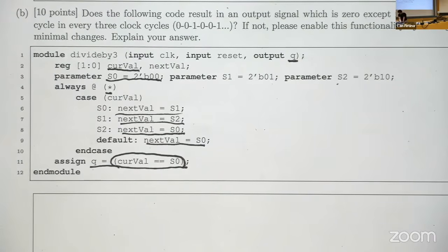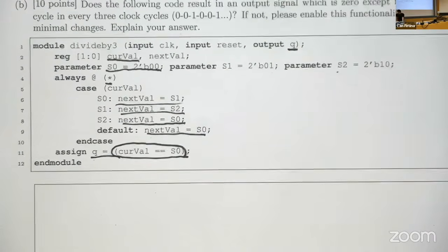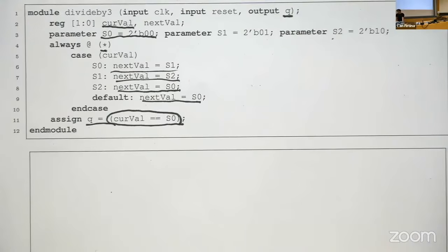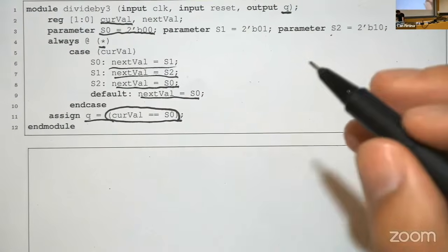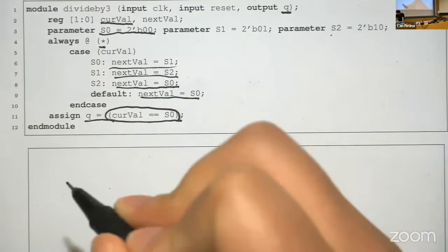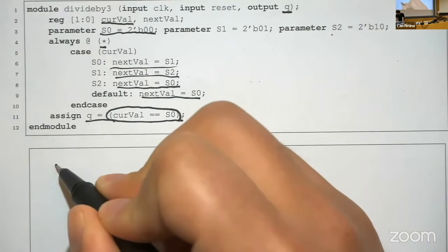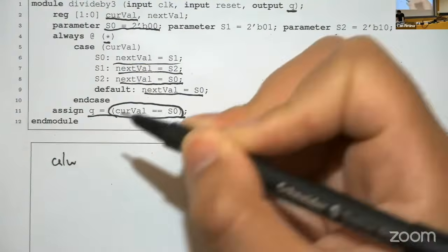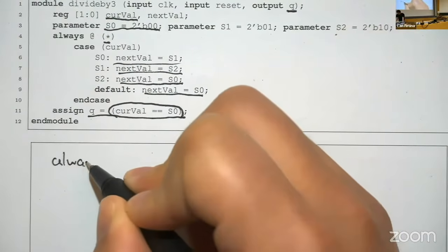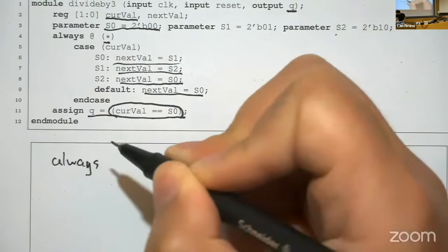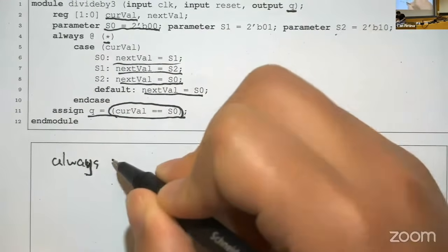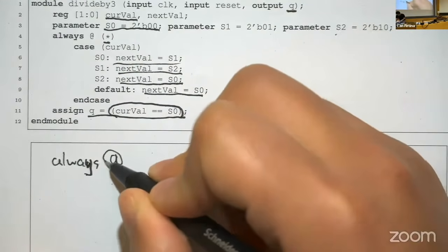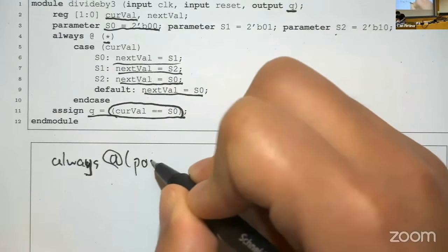And to do that, we need to add 2 lines of code, basically. And we need to add a new always block to make sure that the data is registered. The next value is registered to the current value when we want it. So maybe 3 lines. Okay, so this is an always at posedge clock.